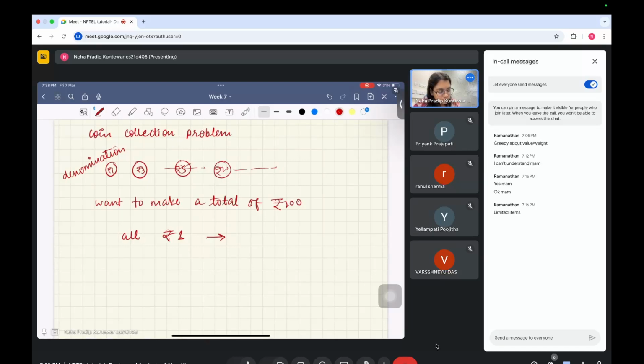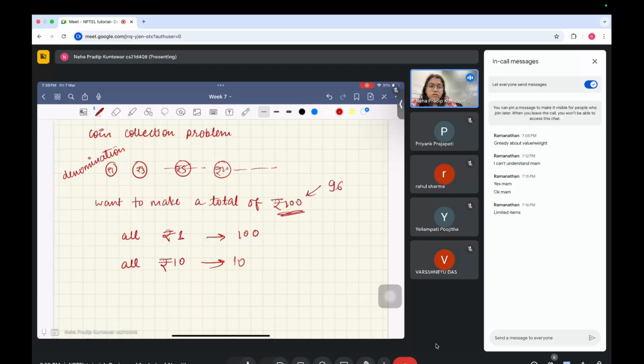I need 100 of them. But if I use rupees 10 coins only, then I only need 10 of them. Now 100 is a nice number that you can divide by all these, but let's say if I had something like 96 here, then there are so many combinations that you need to consider.